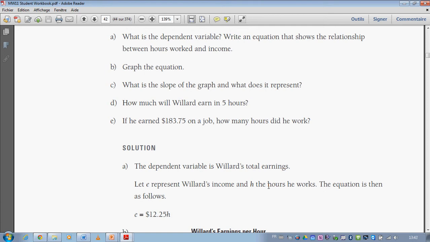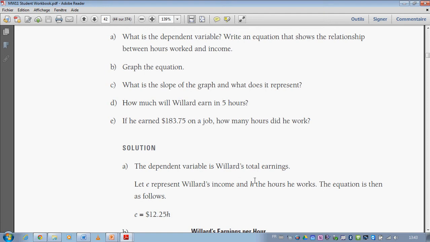This one right here would be the independent variable because Willard chooses how many hours he works, right? Now the variable that depends upon the independent variable is the dependent variable. That means that E would respond as a result of however many hours Willard worked.